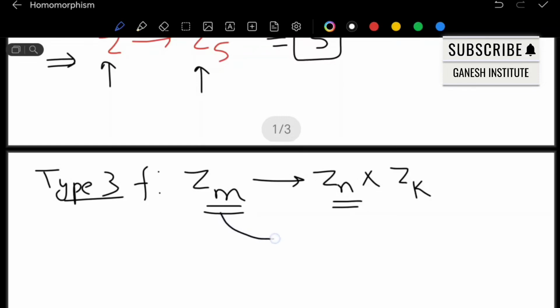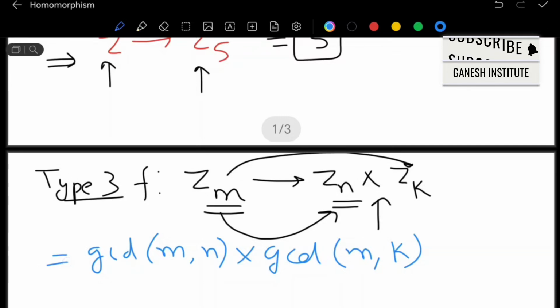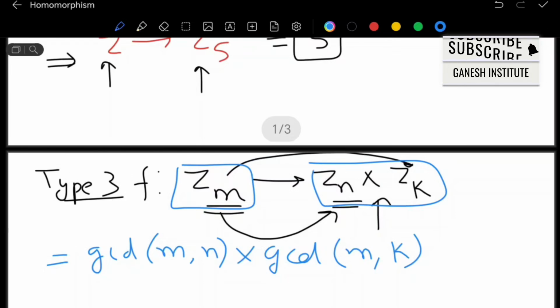We will first find out the GCD of m and n, and multiply it with the GCD of m and k. So the formula will be GCD of (m, n) multiplied by GCD of (m, k). This gives us the number of homomorphisms from one group to the Cartesian product of other groups.